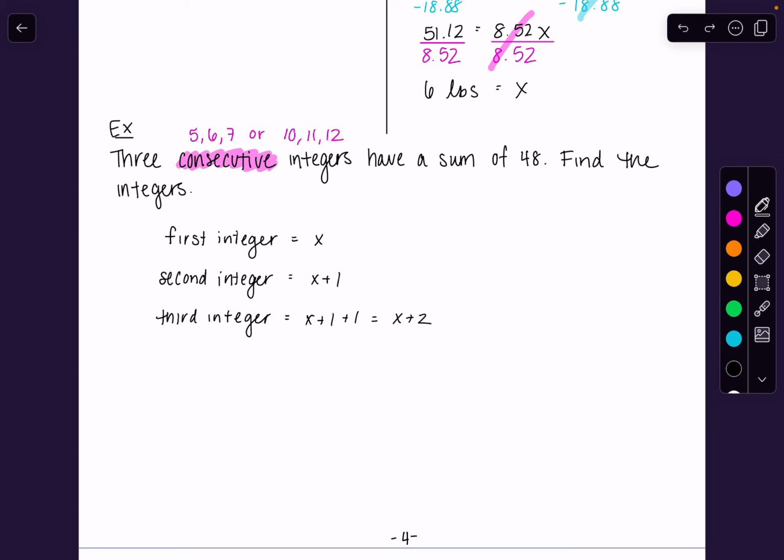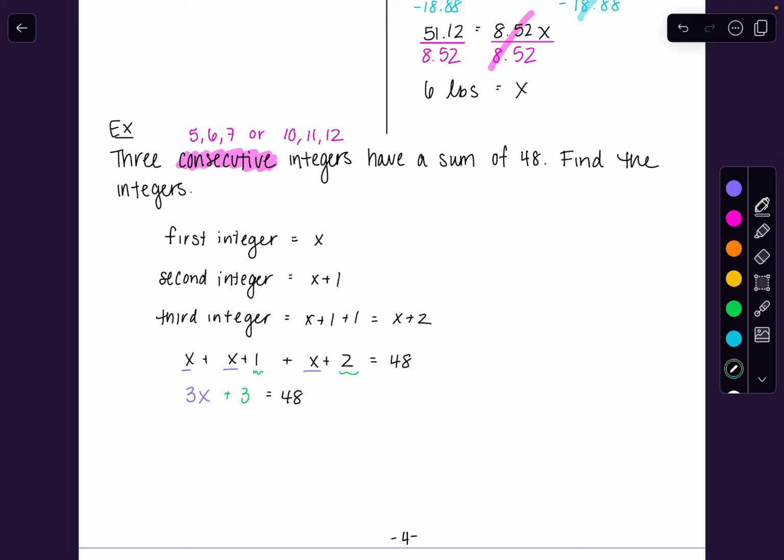And then when I add all of these together, it better equal 48. Okay. So combining those like pieces, x, x, x gives us 3 x's. And then 1 plus 2 gives us a plus 3.